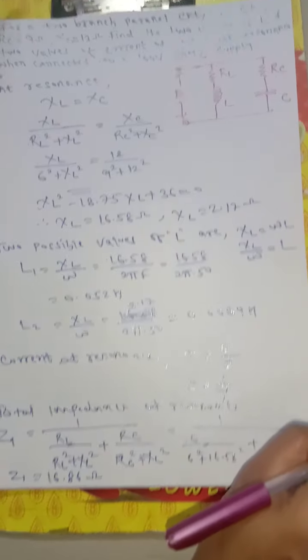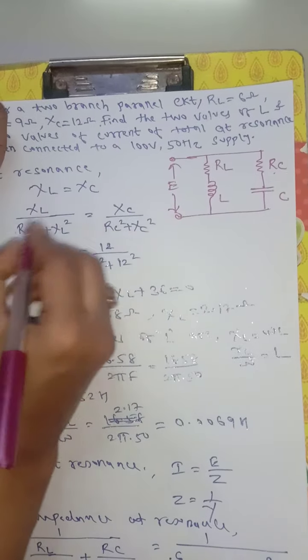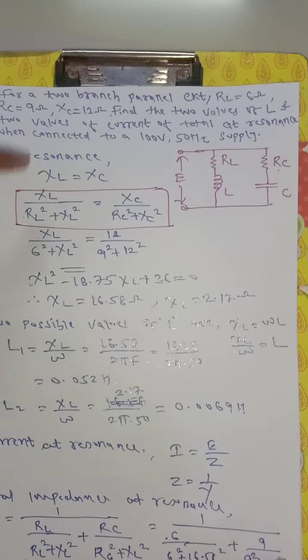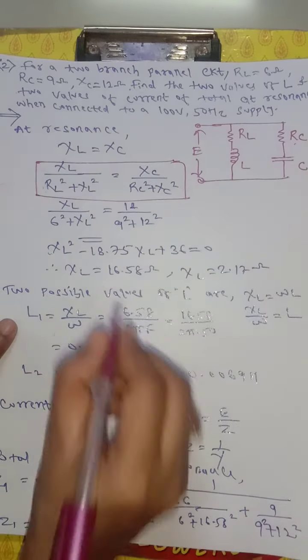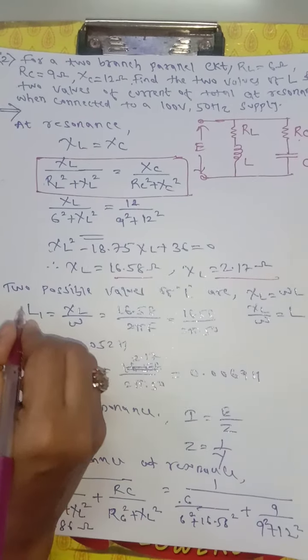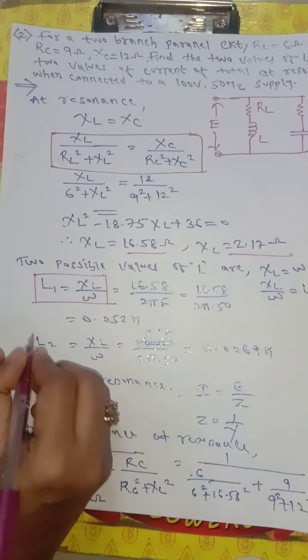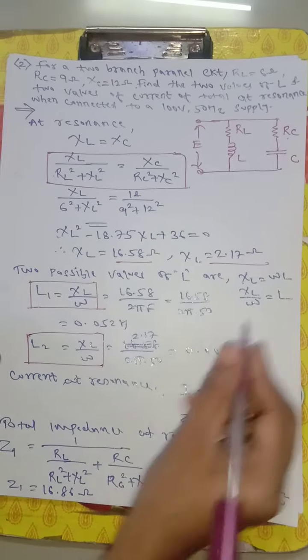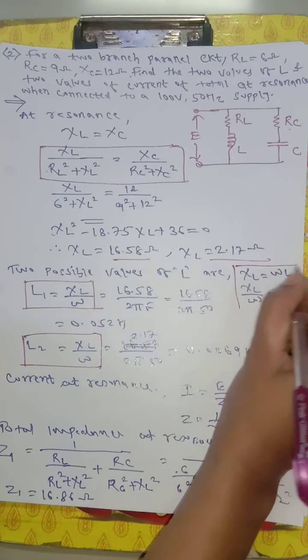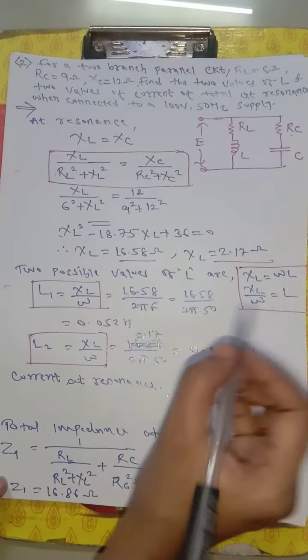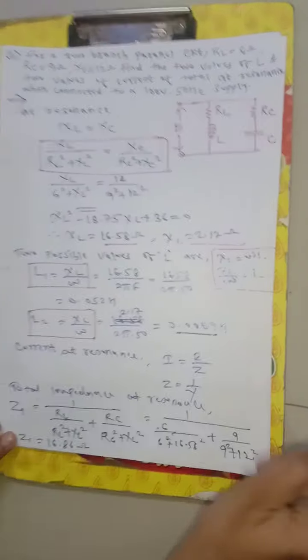So here at the beginning what we have learned, at resonance of two branches, this formula. In this way you have calculated the two XLs. So later on the inductor value with the help of this formula. So this is one of the answers.